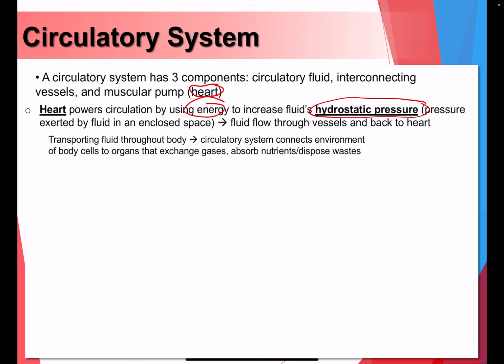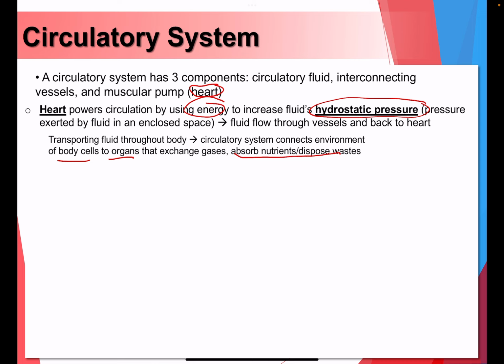So the function of the circulatory system is to transport fluid throughout the body, obviously, and then it connects the environment of body cells to organs that exchange gases, absorb nutrients, and dispose of waste. In the gas case, the nutrient absorbed is oxygen, and the waste disposed is carbon dioxide.